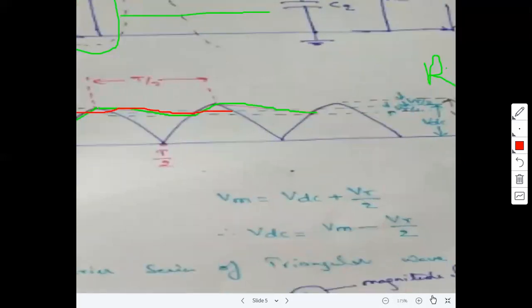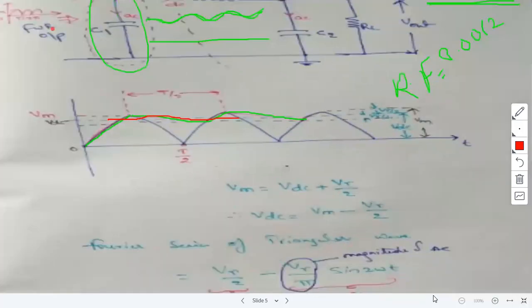Now I'm zooming in here. The middle one is the VDC, and the remaining upper part is VR by 2.